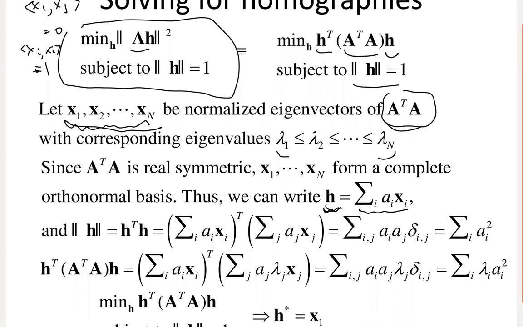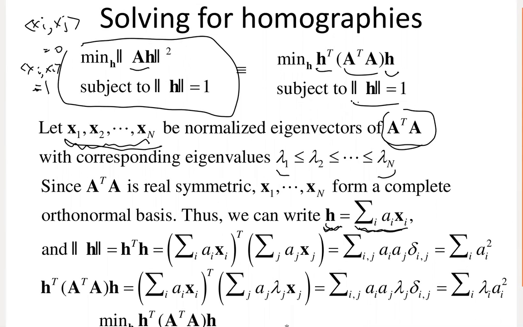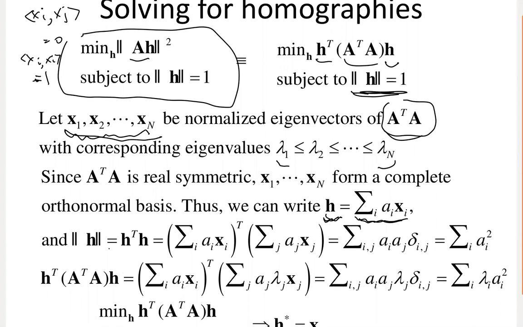So h is equal to this expression, and I have the constraint that the norm of h is equal to 1, right? So let me compute the norm of h: the norm of h is h transpose times h. Substituting and expanding, note that because xi and xj are orthogonal, all the terms with i not equal to j vanish, and it's just a delta function here, right?